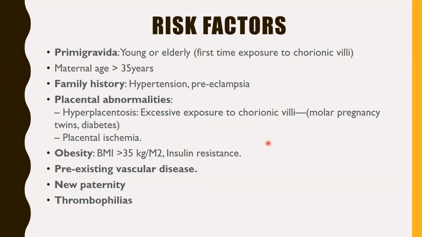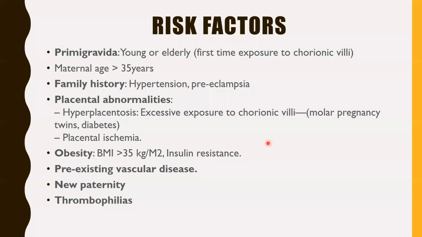Some of the risk factors that cause this disease are that it's usually seen in a patient who is getting pregnant for the first time. These are young people, and maternal age also plays a role. It may be someone who's young or someone who's older.